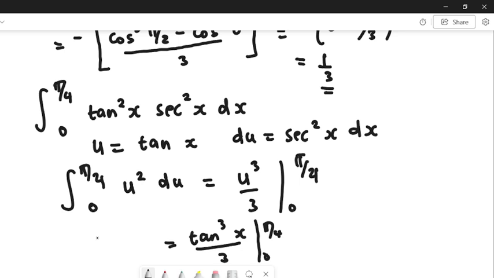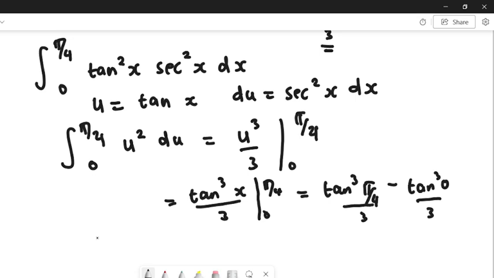So if we substitute, we are getting tan cubed pi over 4 minus tan cubed 0, each over 3, and our value will be 0 for the second term. So we are left with a third.